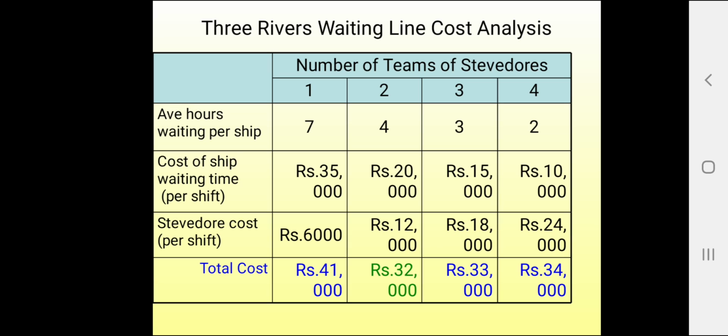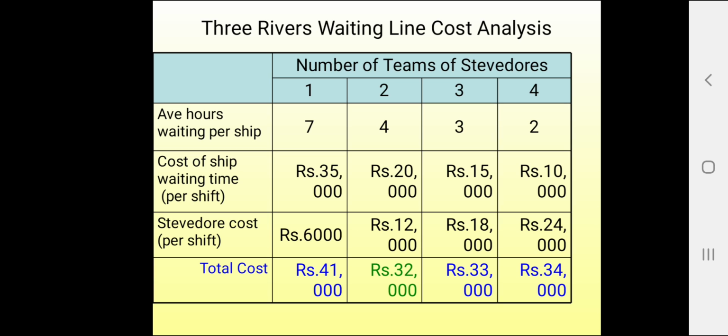Here, if one steward is there, so average hours waiting per shift is 7 hours. So 7 into 5, 35,000 rupees. If two stewards are there, average waiting per shift is 4.